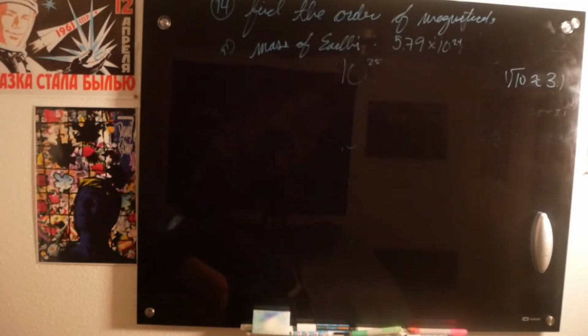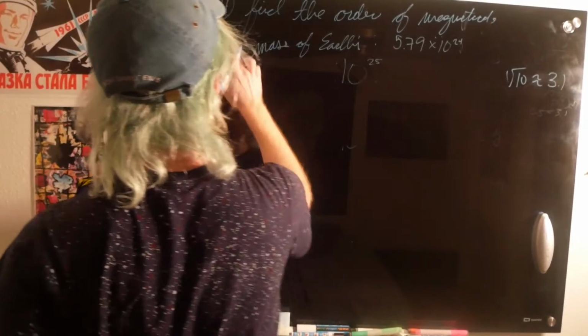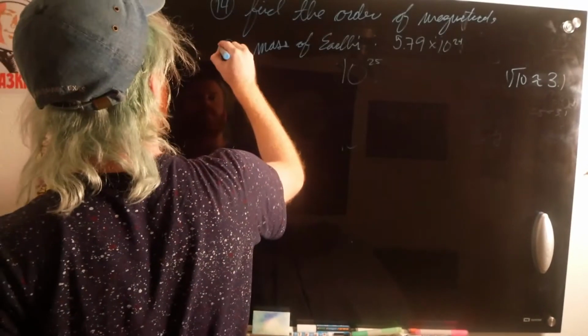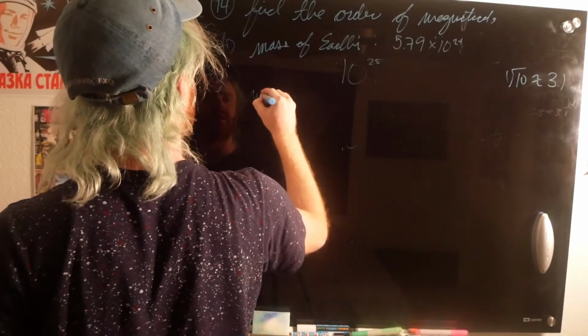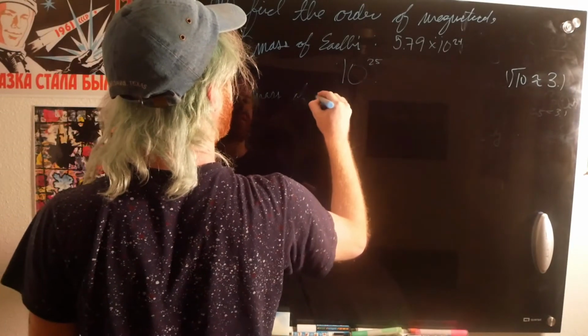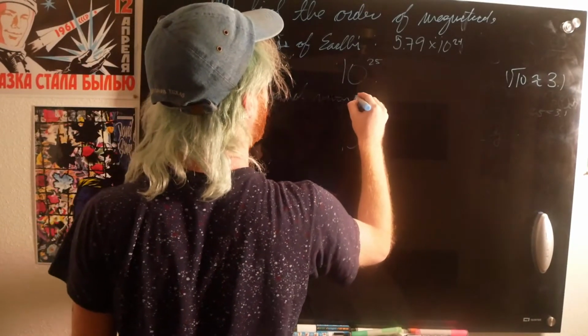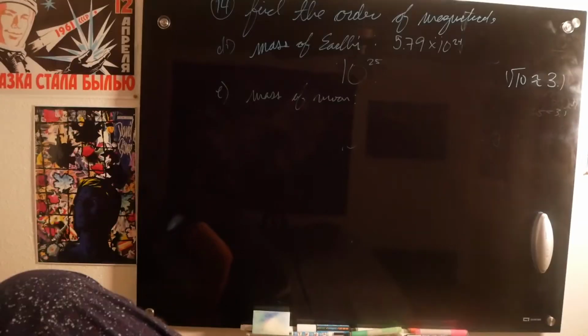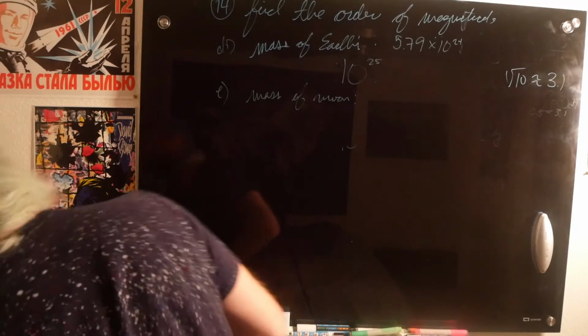Next is mass of the Moon. That one is D. So E, mass of the moon, and 7.34 times 10 to the 22nd.